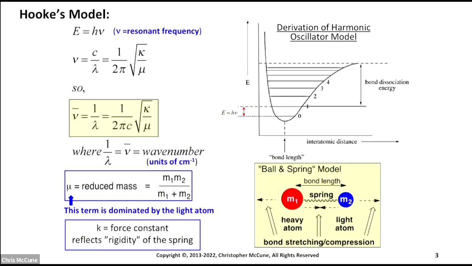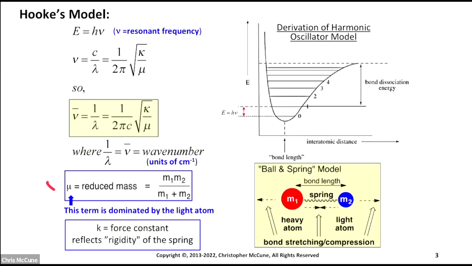And these values can be looked up, but we can assume that all CH bonds, let's say, have the same force constant. Okay, what's different though is that a double bond has a different force constant than, say, a triple bond. So the rigidity of the bond is different, and that's reflected in where along the axis you'd start to see the signals. The other term here, mu, is our reduced mass term, and this is really dominated by the light atoms.